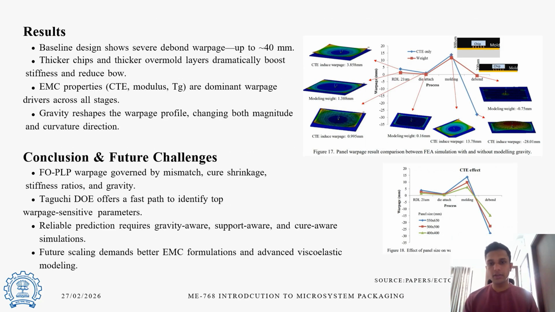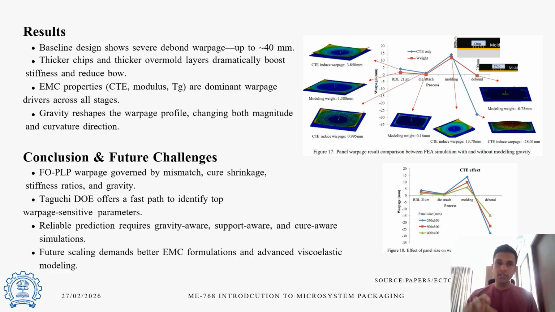Here in the result slide, you can see the author has given a comparison between simulation considering gravity and without considering gravity. The baseline design shows severe warpage of up to 40 mm in the simulation he has conducted. As we can expect from normal mechanical engineering knowledge, thicker chips and thicker overmold layers dramatically boost the stiffness, and because of that, it reduces the bow of the warpage.